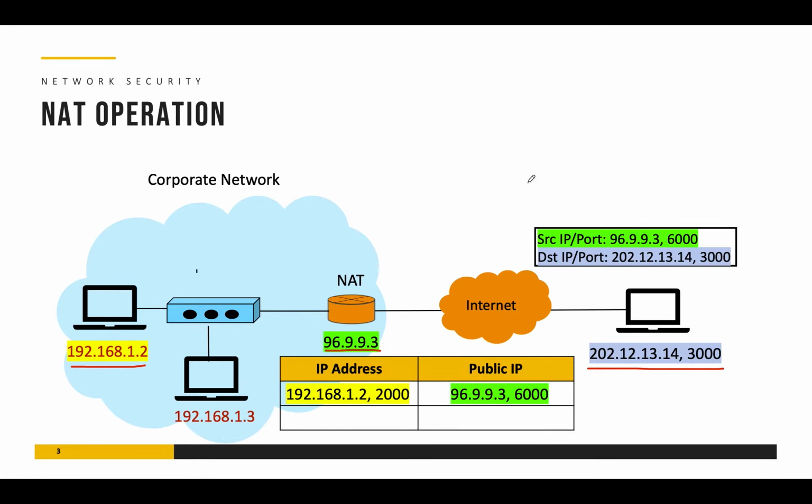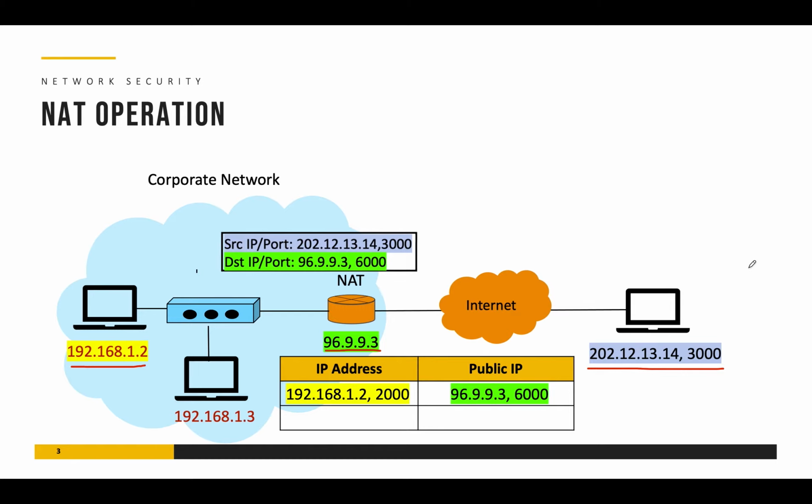So naturally, when this destination is going to respond, it's going to put its own IP address and port as the source, and it is going to put the IP address of the NAT router, which it saw previously in the header, and the port number, and then send this to the NAT router.